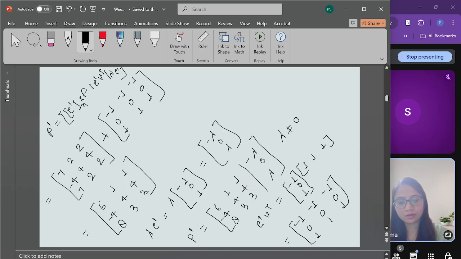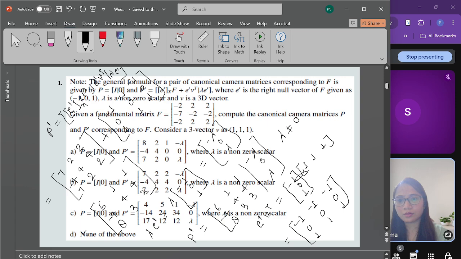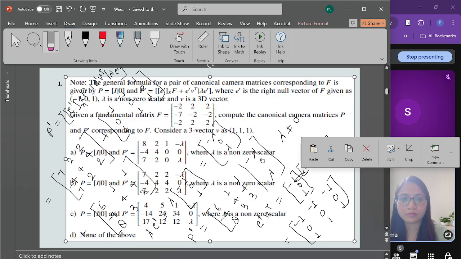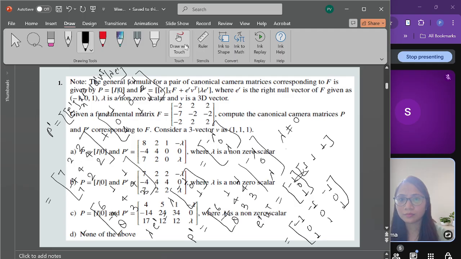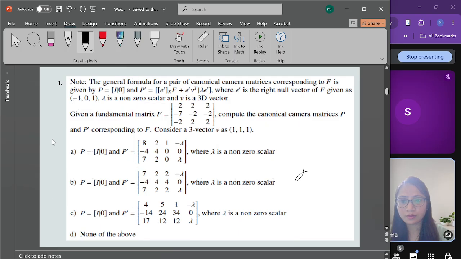Okay, so let's check with the options. From this one you can say that no equations are matching with this one.